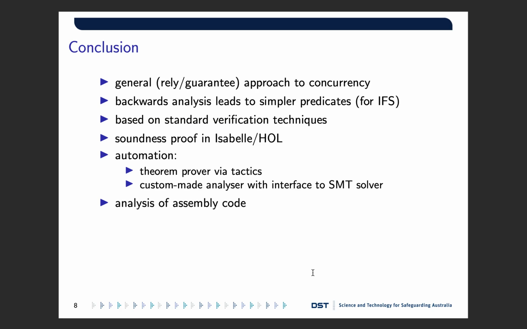In a forwards fashion, you have to push forward the whole state space. Our analysis is based on standard verification techniques, and hence we can tap into existing tool support. We have provided a soundness proof in Isabelle/HOL and have extended these theories with some degree of automation via tactics. We have also built a custom-made analyzer which interfaces to an SMT solver.